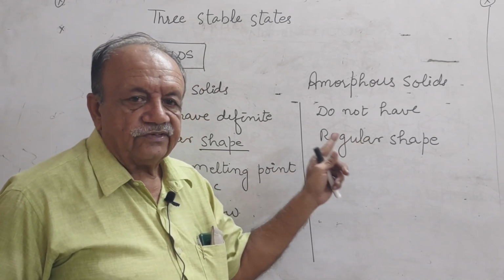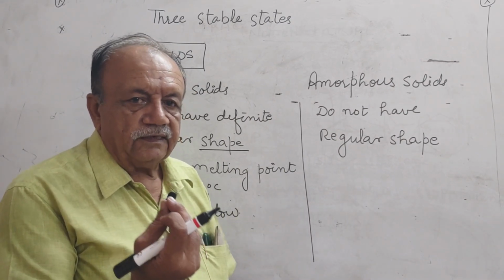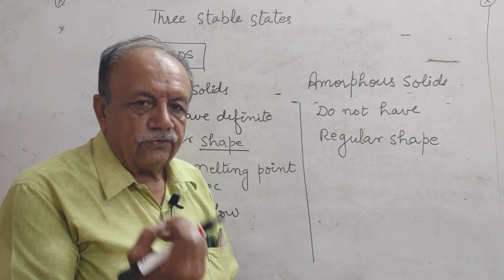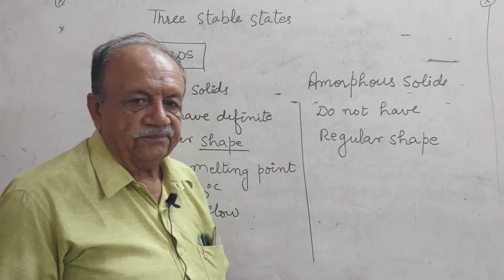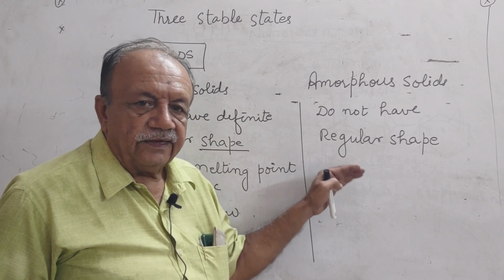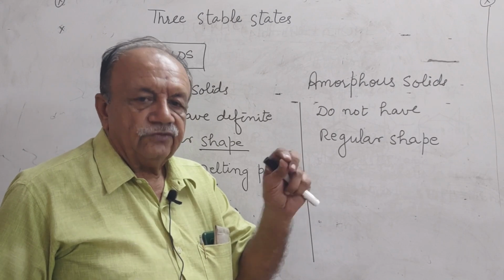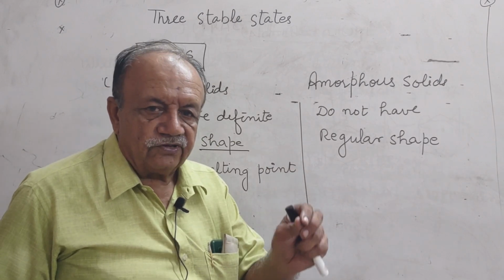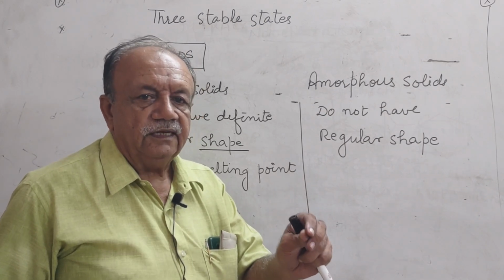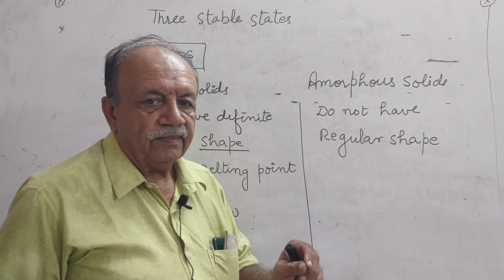Just like, please take rubber, take plastic, and start heating it. When we start heating rubber, it is first converted from solid to semi-solid, then slowly it will be converted into liquid state.